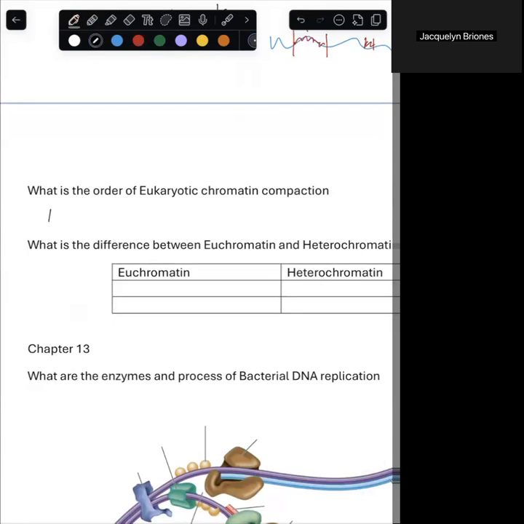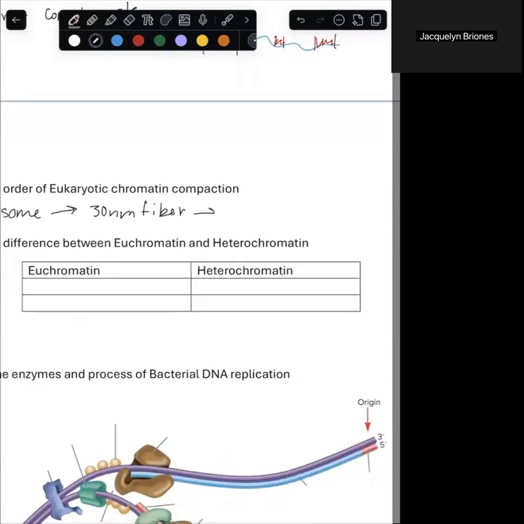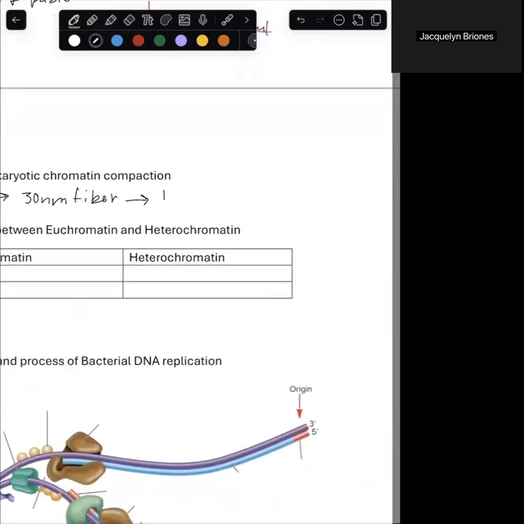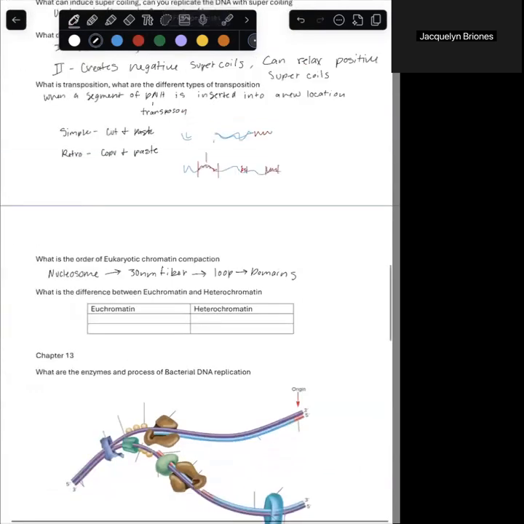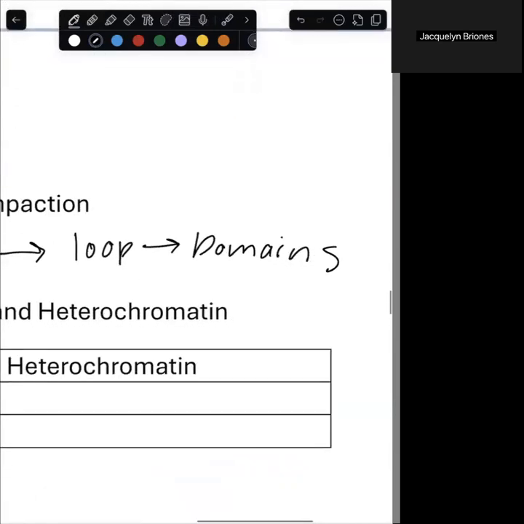So this is our nucleosome to our 30 nanometer fiber to our loop domains.